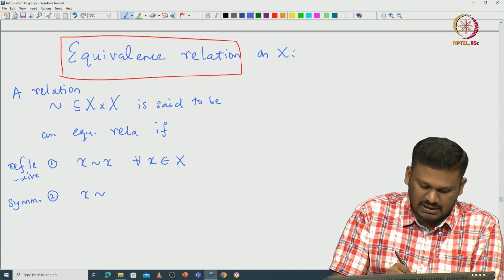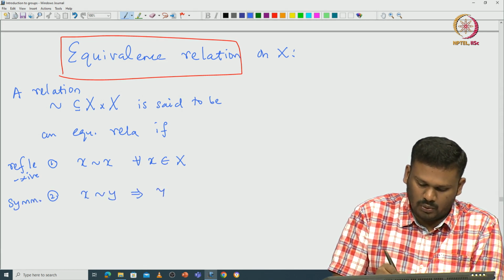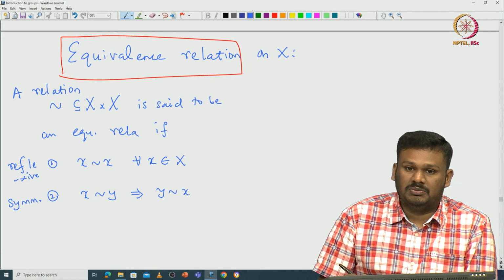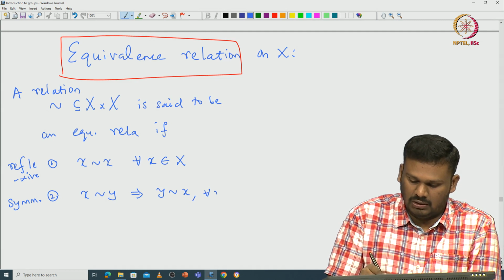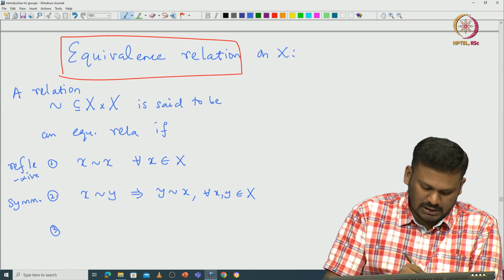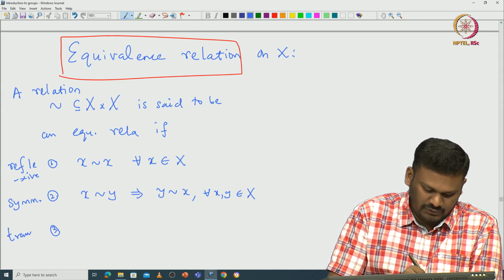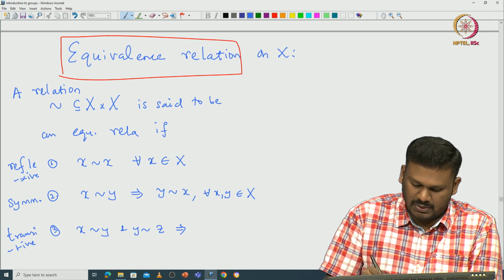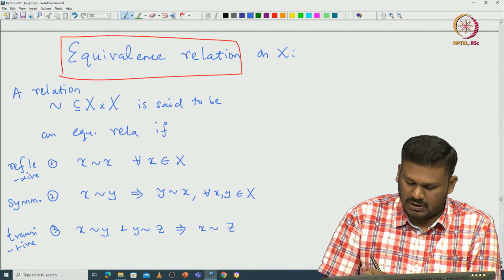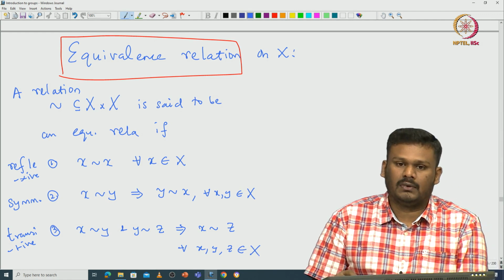If X is related to Y, then that should imply Y is related to X, that is, X related to Y if and only if Y is related to X, for all X, Y in X. And the third is called transitive, which is a very important property. Whenever X is related to Y and Y is related to Z, then X is related to Z, and this should be true for all X, Y, Z in capital X.